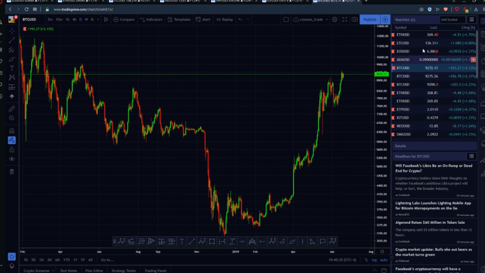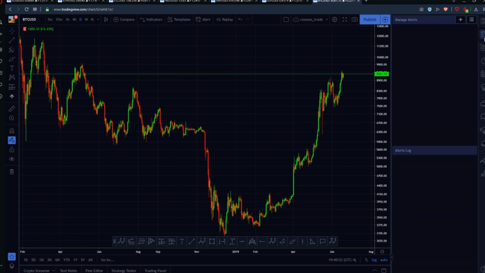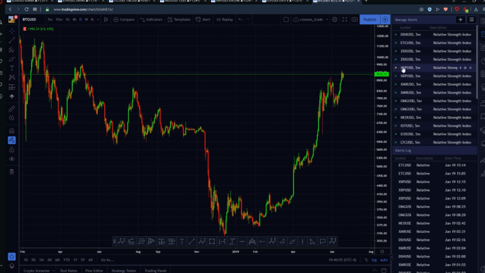Now, these are the pairs. You'll find them in the top 10, but you can play around with this. I never use this section. There's many other things, but I never use this section.